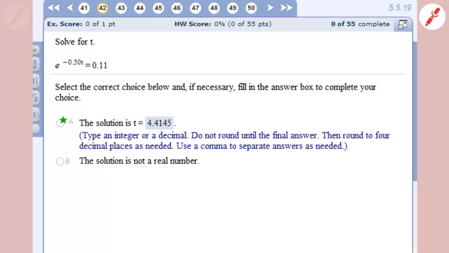I'm going to take the ln of both sides, the ln of e to the negative 0.50 t equals the ln of 0.11. So when I bring this down in front, I'm going to have negative 0.50t times the ln of e.